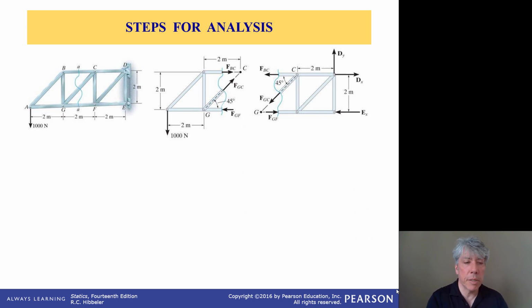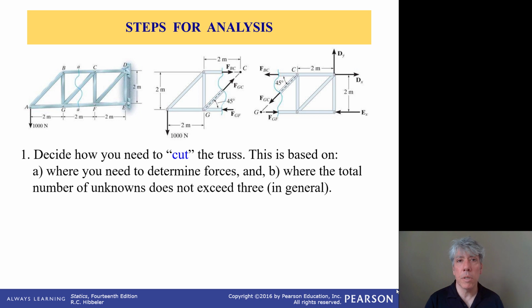So how do we do this? What are the steps for analysis? Well, the first thing to do is decide where you're going to, quote-unquote, cut the truss and what will consist of the free body diagram. And you really need to be careful here, because you don't always cut the truss along lines where you'll immediately get the forces in all the members that you desire.